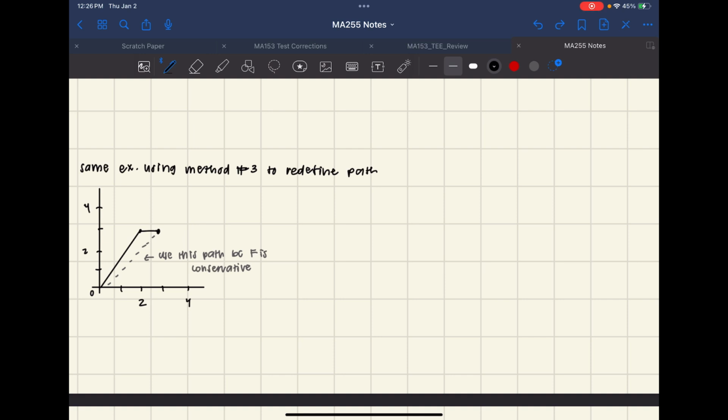And so the first thing we're going to do is rewrite the line xy and let x equal t, y equals t, and then also our domain, which is from 0 to 3.